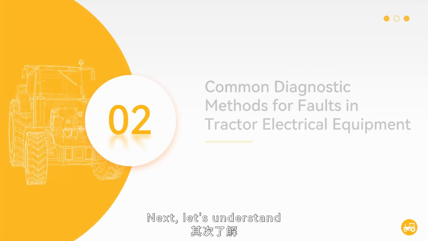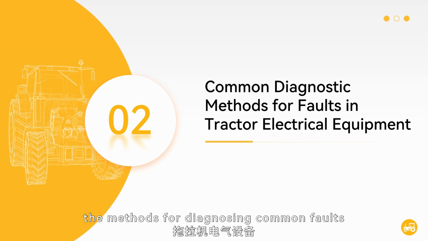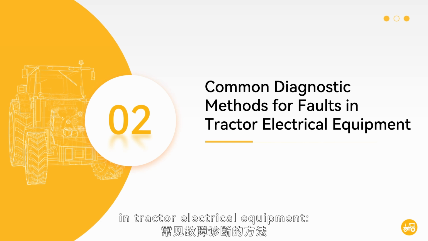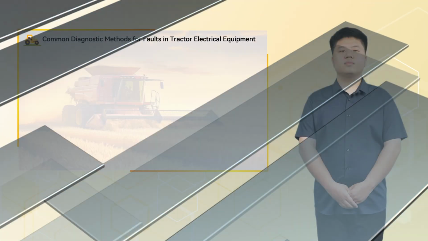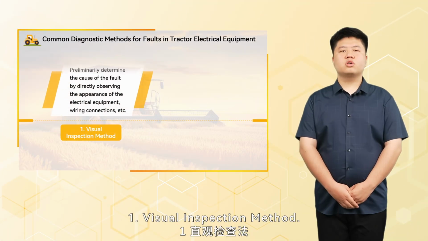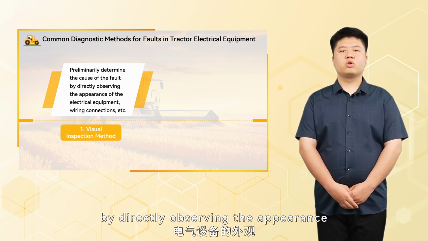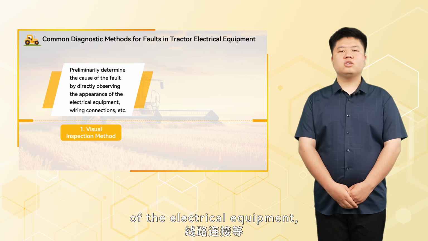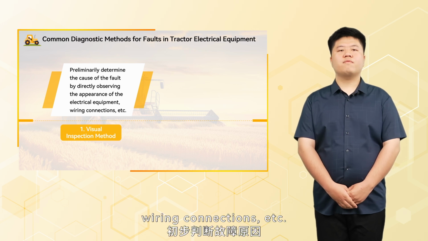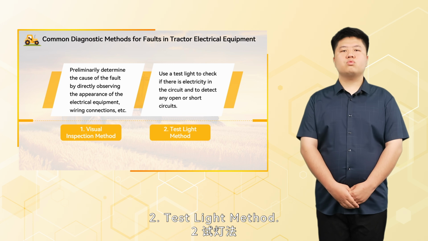Next, let's understand the methods for diagnosing common faults in tractor electrical equipment. 1. Visual inspection method. Preliminarily determine the cause of the fault by directly observing the appearance of the electrical equipment, wiring connections, etc. 2. Test light method.